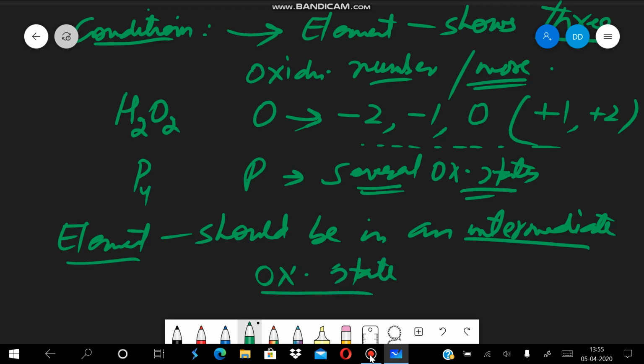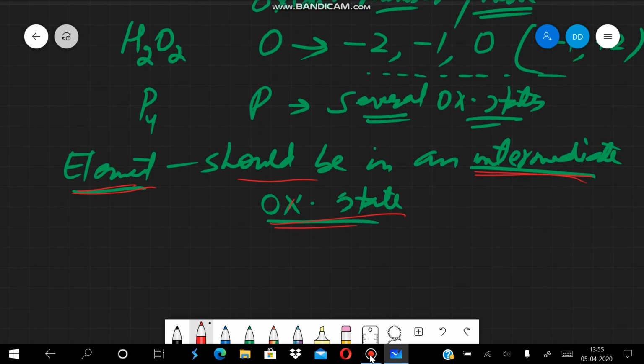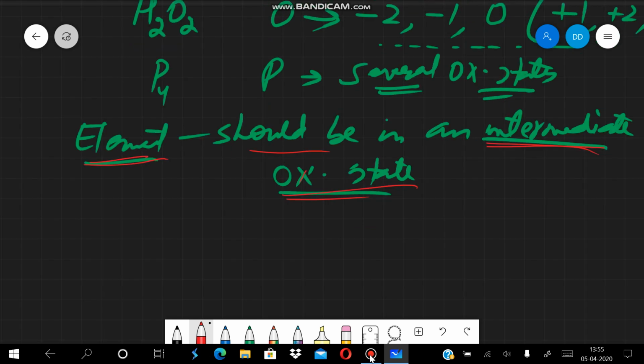For a disproportionation reaction to take place, the element should be in an intermediate oxidation state so that it has a chance to undergo both increase in oxidation number and decrease in oxidation number. And if it is already in its highest or the lowest oxidation state, then it does not have the chance to undergo both increase and decrease in oxidation state.